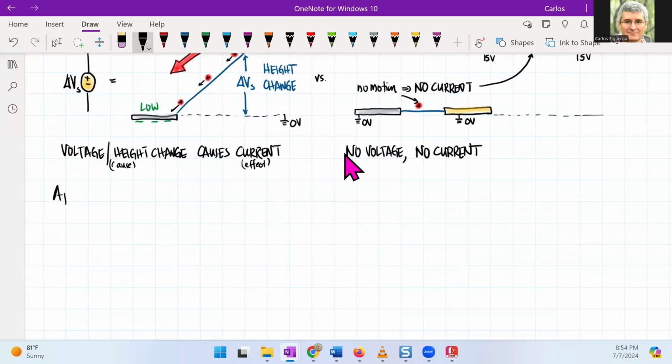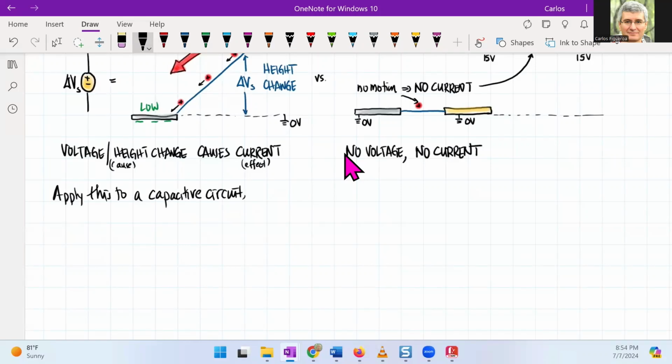Now, applying this to a capacitor or a capacitive circuit, it means something like this.